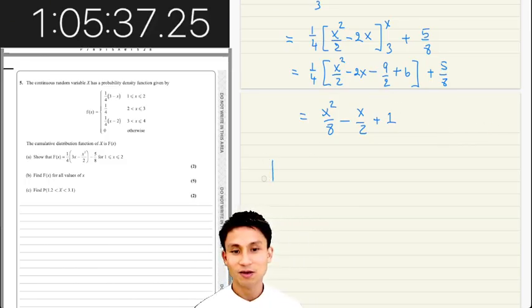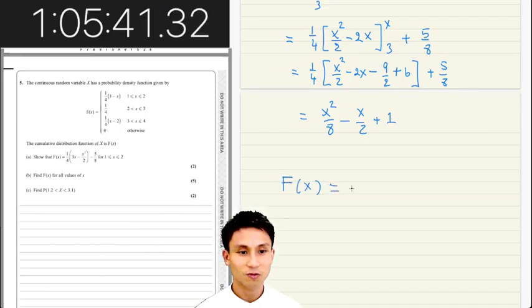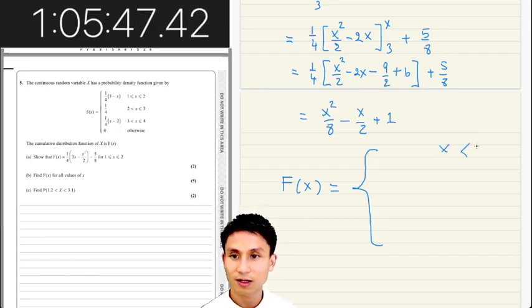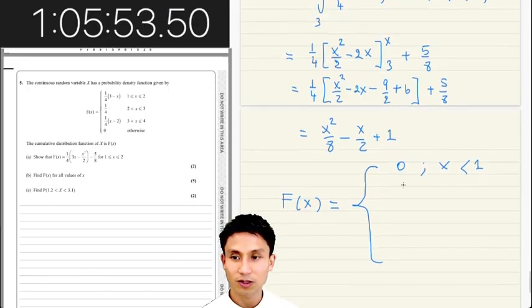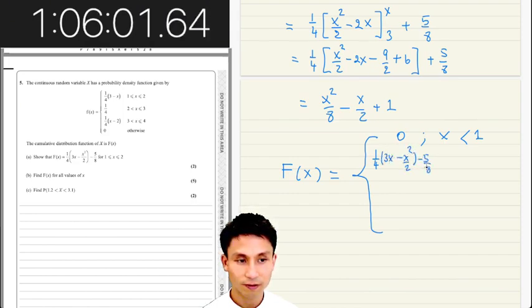That means if we write fully the f(x), okay, we should do that. So for x less than 1 here, we get 0, okay? For x from 1 to 2, that would be that function there that they just want us to prove.